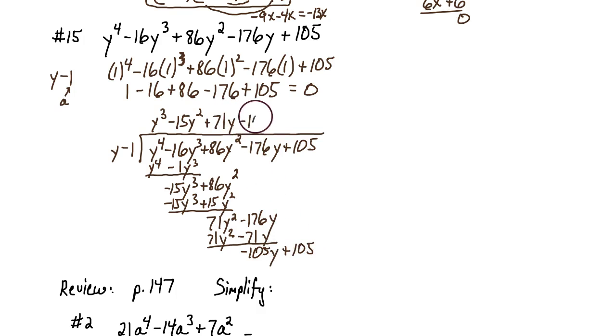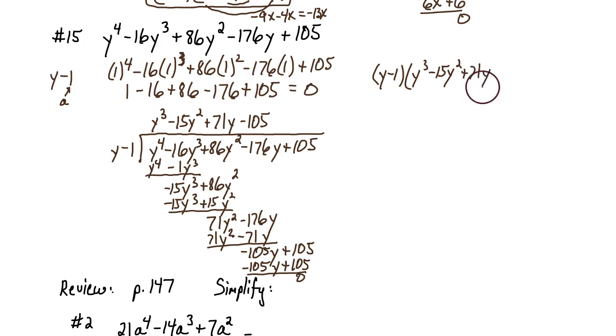Y times negative 105 makes negative 105y. And negative 105 times negative 1 makes positive 105. When you subtract, we do get a remainder of 0, as we expected. So right now, we've written it as y minus 1 times y cubed minus 15y squared plus 71y minus 105.